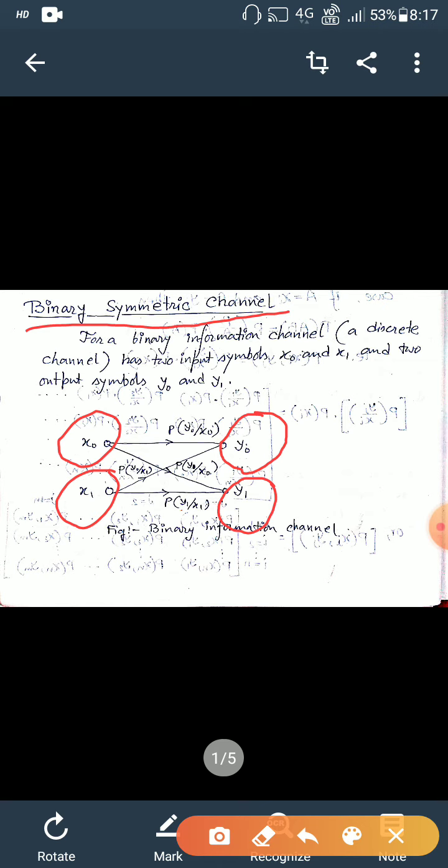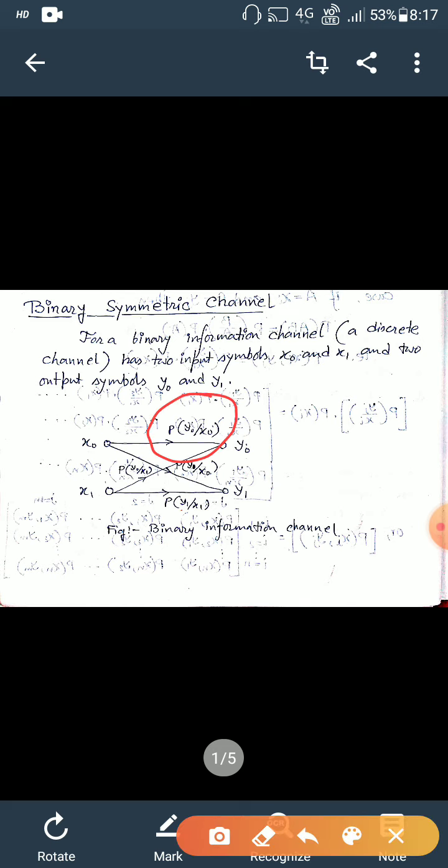Y1 is due to x0 and x1, and it can be represented by the transition probability due to x0 and also due to x1. If you consider the y0 probability, that is due to the transition probabilities p of y0 given x0 and p of y0 given x1.